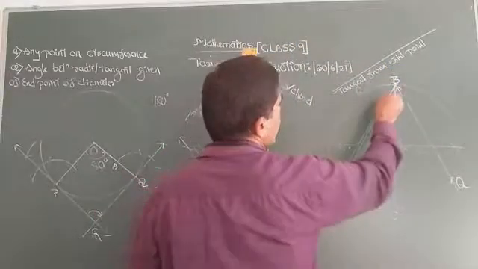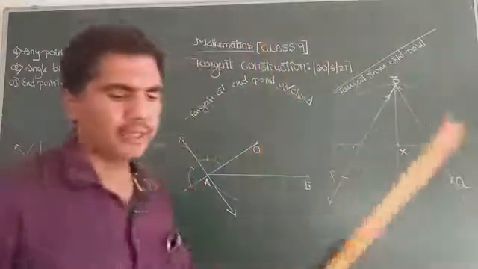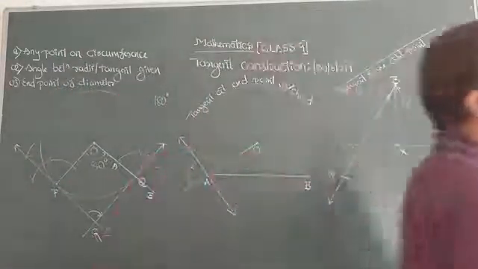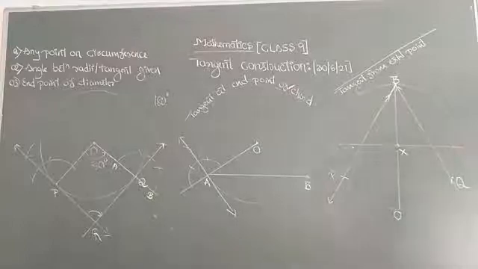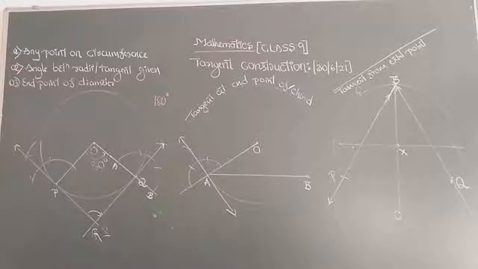So PB and QB are the required tangents from external point to the circle. So that means to a circle from external point you can construct two tangents, and at a point on circumference you can construct a single tangent. So these are the varieties of problems you may get on construction of tangents. Practice them by taking your own convenient radius. Thank you.